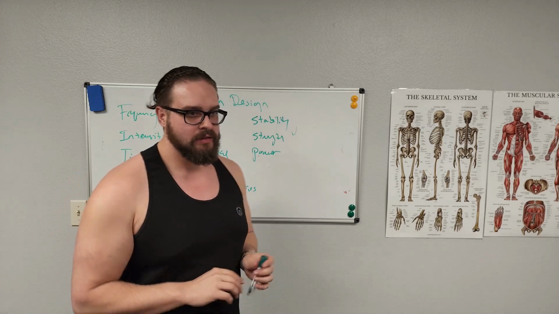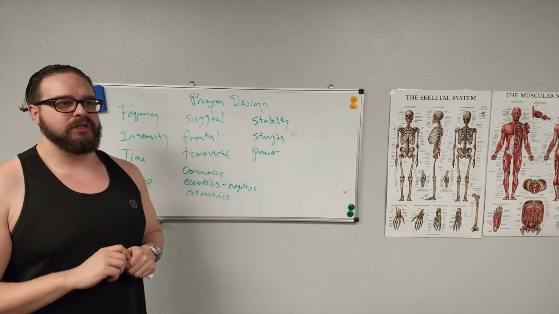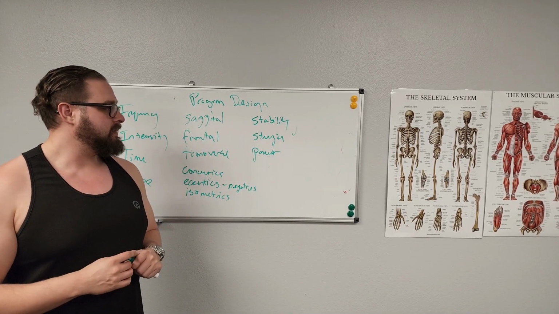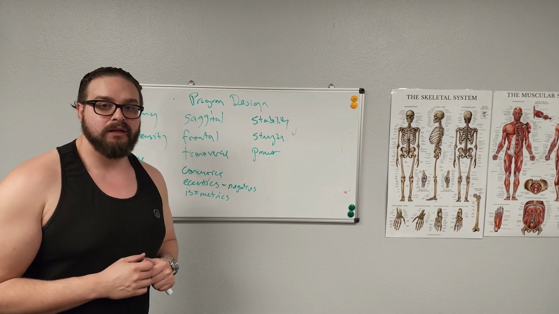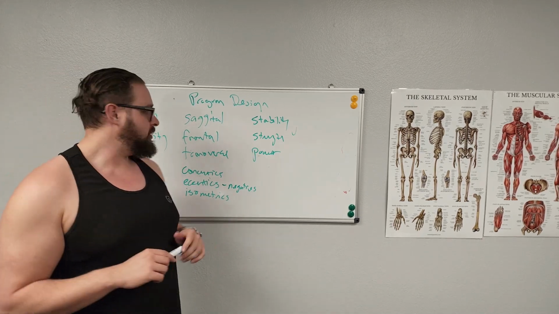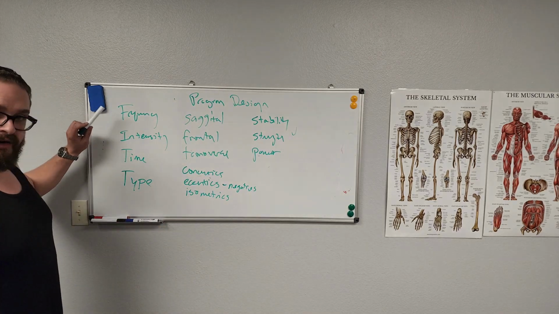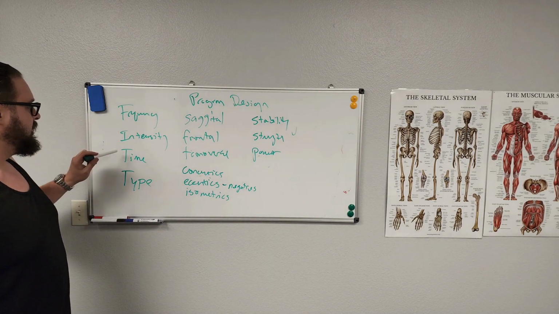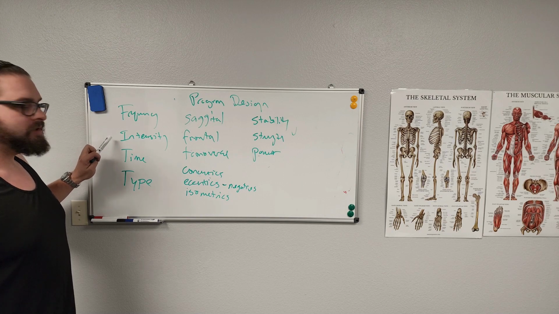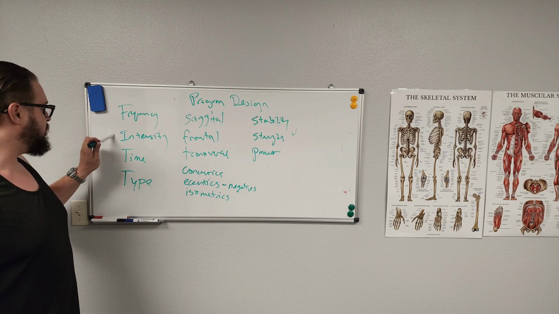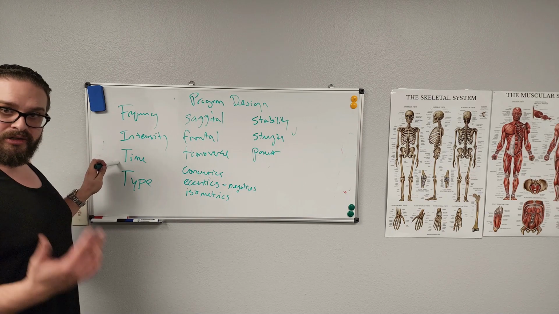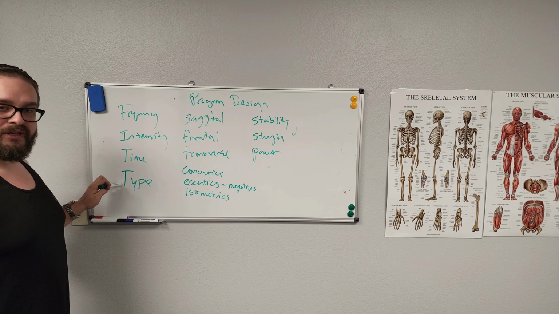So you can kind of see how you can get really creative and crazy with your program design. You can change, for example, a push-up in all of these different ways. Push-up, how often you do a push-up in the week. Intensity, maybe you want to add weight to your push-up, make it harder. Time, how long you do the push-up for. Type, different types of push-ups.